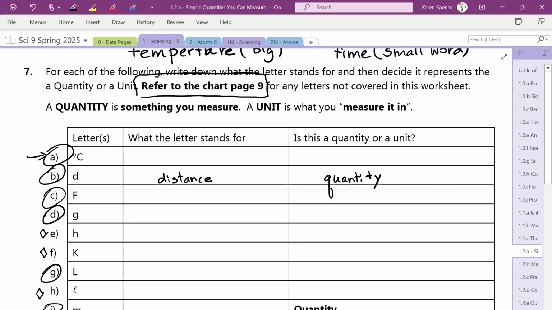Wait, is that not the same as out? This one's out and that one's out. Oh. I do that exact same sort of thing all the time.